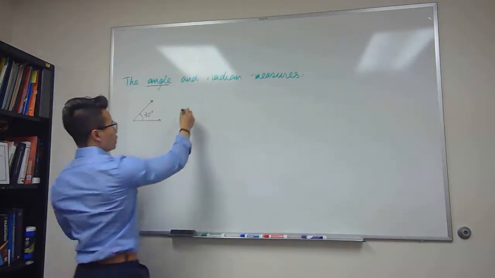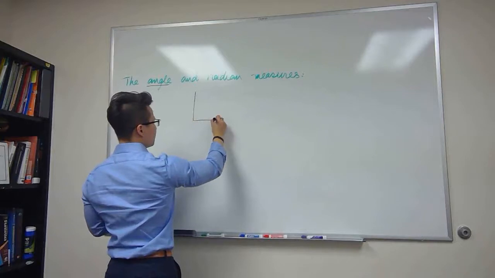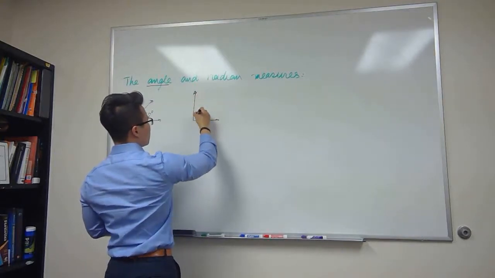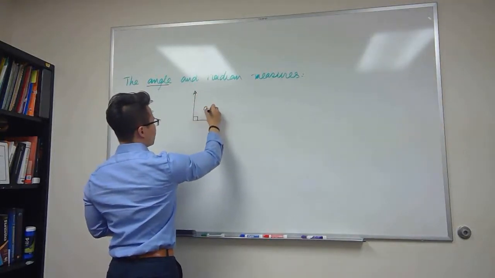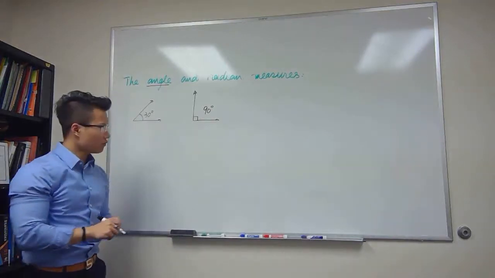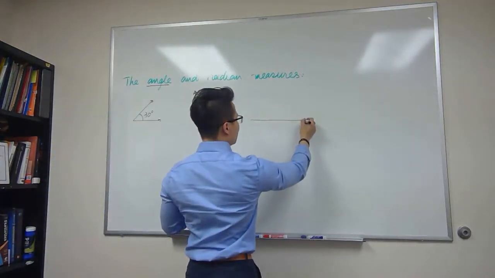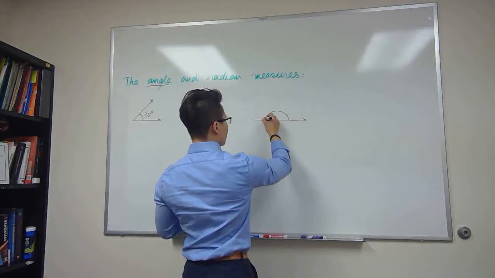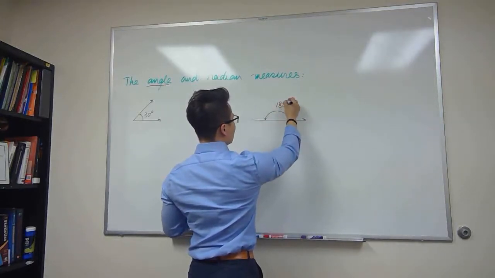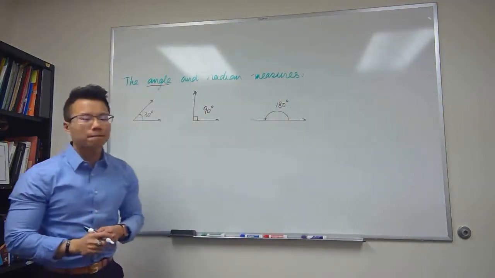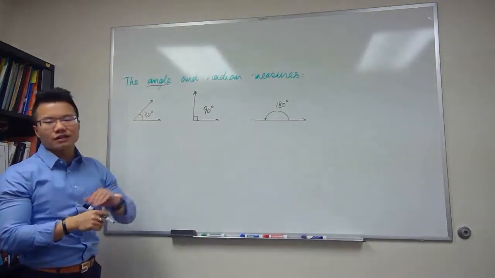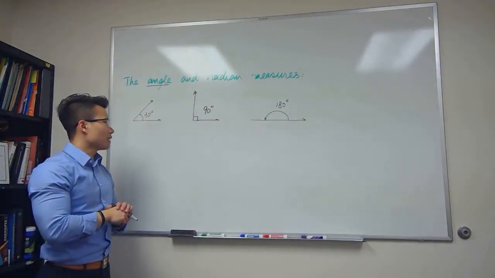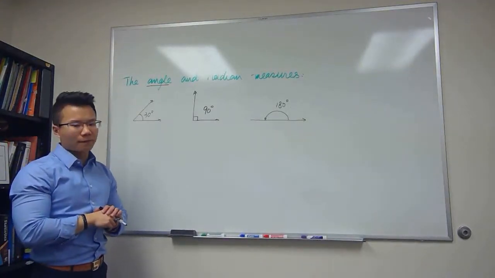Okay, and we can write a 90 degree angle, which is perpendicular in here. And we have 180 degrees, which is written in this way. Okay. So we have all these nice situations, written with a degree sign.